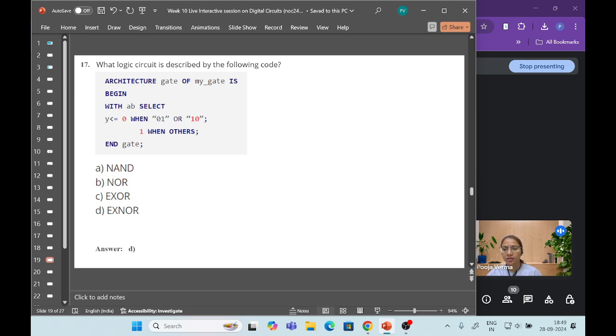So moving to the next question. What logic circuit is described by the following code? Architecture gate of my gates begin, with AB select Y is equal to 0 when it is 0 1 or 1 0, and 1 when other.